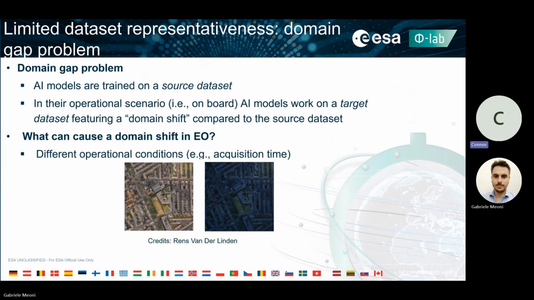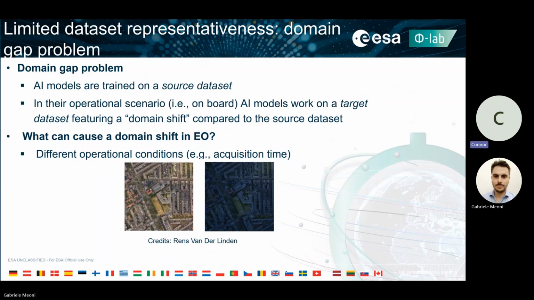Let's assume you want to train on a certain dataset; the dataset you train on is your source domain. Then you deploy your model on the satellite, and it's going to process data in a different distribution, typically called the target domain. The two distributions, for different reasons we're going to see, might not be the same.